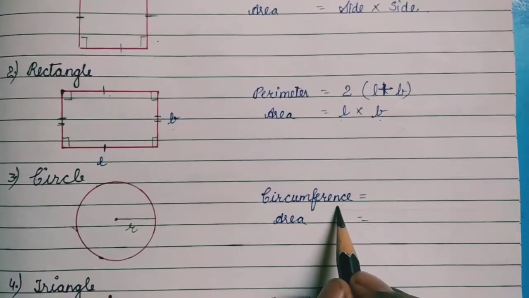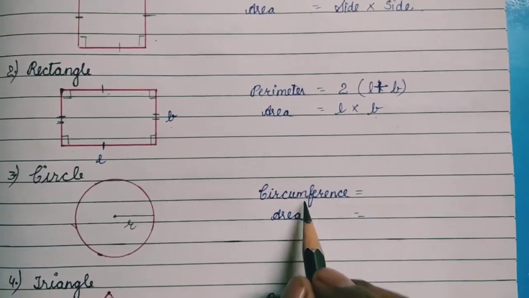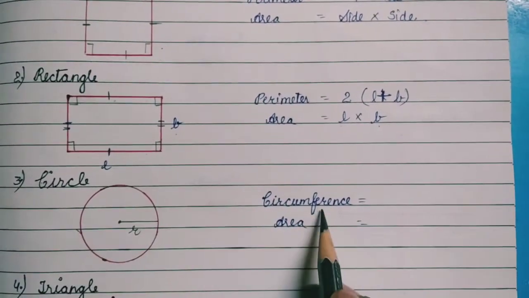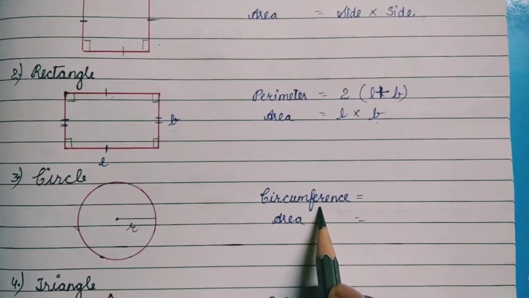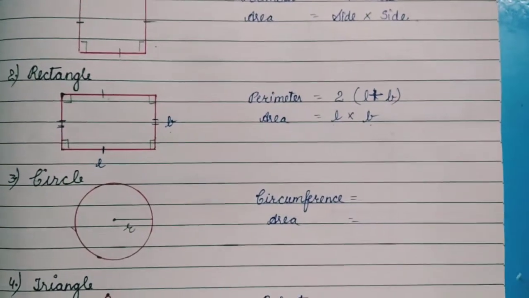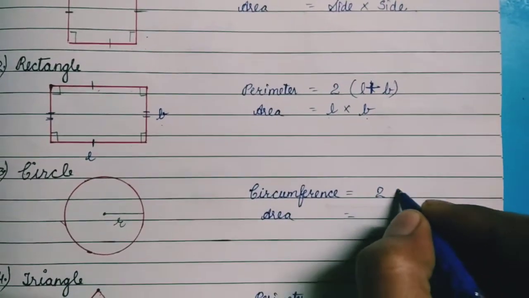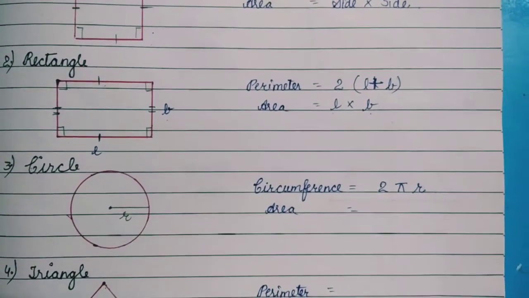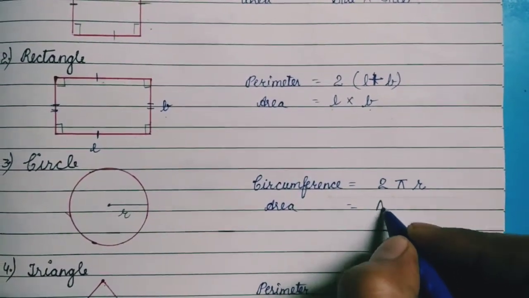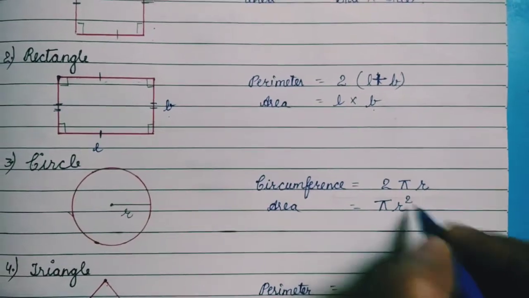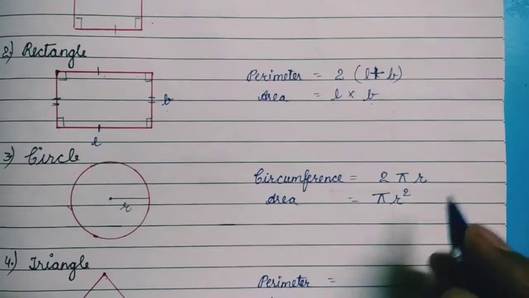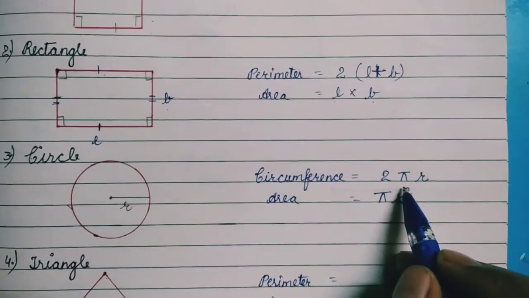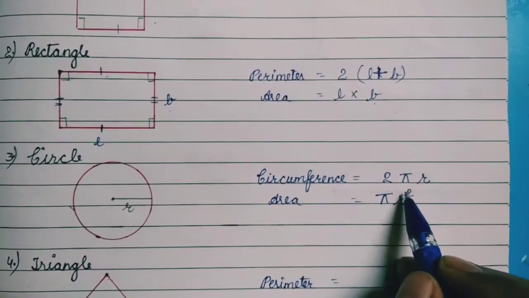Circumference is considered the perimeter of a circle. So the circumference of a circle is 2 pi r and the area of a circle is pi r square, and we know the pi value is 22/7 or 3.14.